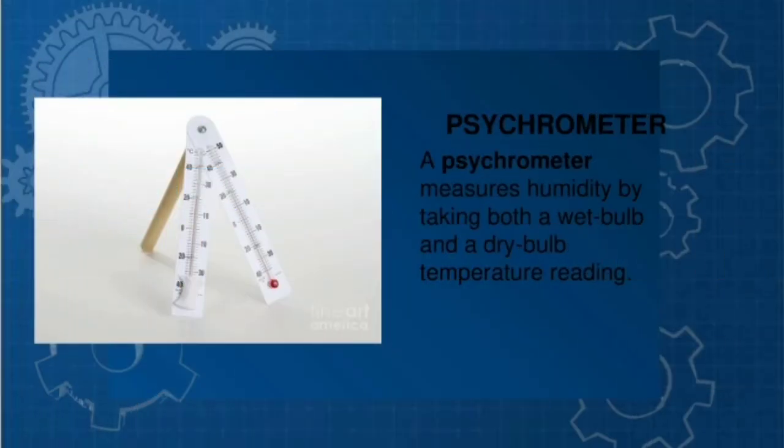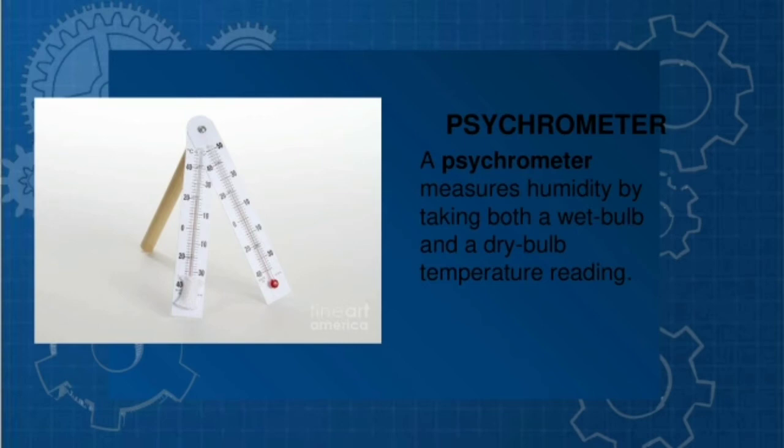The answer is psychrometer. Now, let's discuss what a psychrometer is. A psychrometer measures humidity by taking both a wet bulb and a dry bulb temperature reading. A psychrometer is an old-fashioned type of hygrometer, which is a device for measuring humidity.